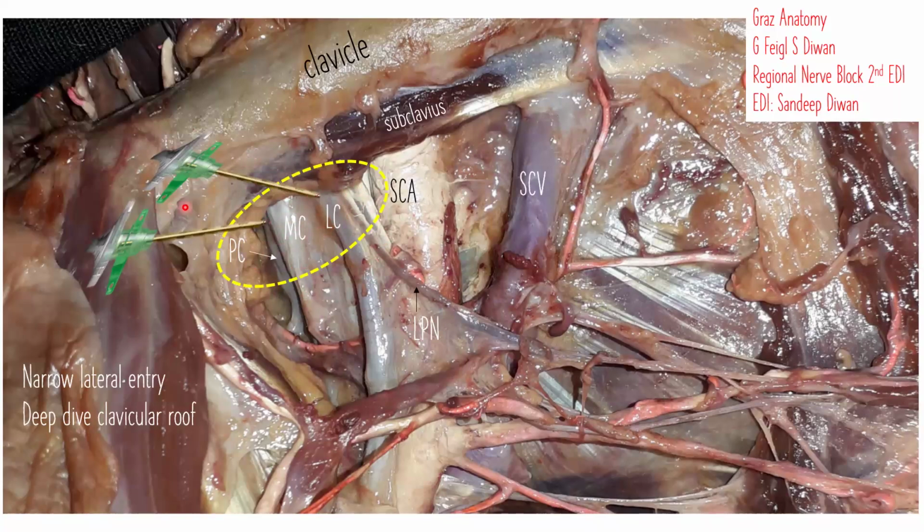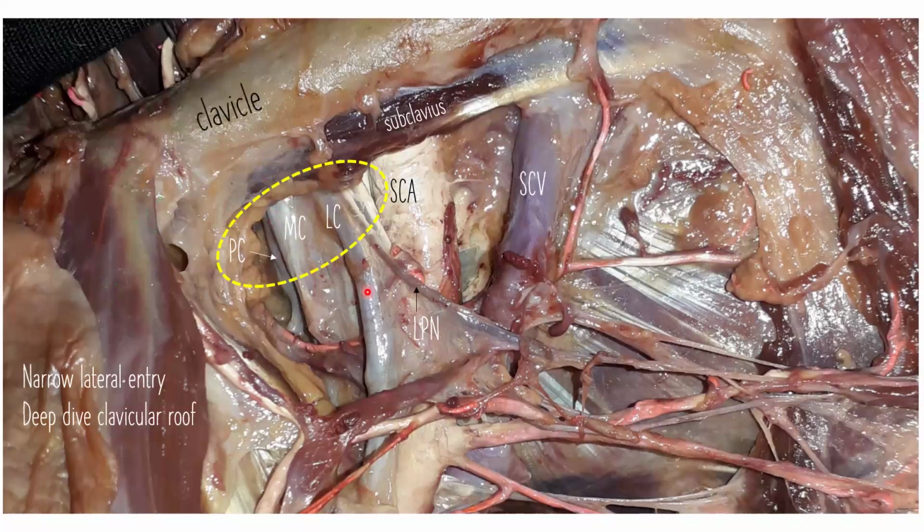And moreover, the distance from the needle entry at this point to the brachial plexus, so the height and this distance, is going to determine the angulation, and this is going to be challenging in some of the costoclavicular blocks.